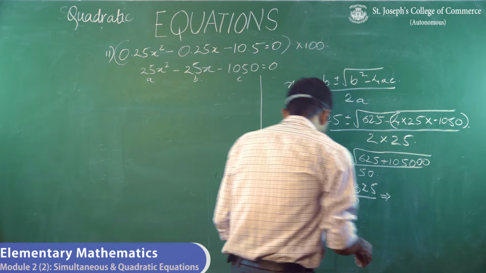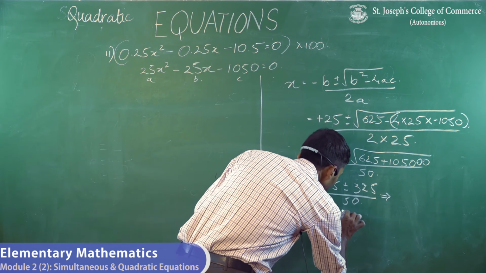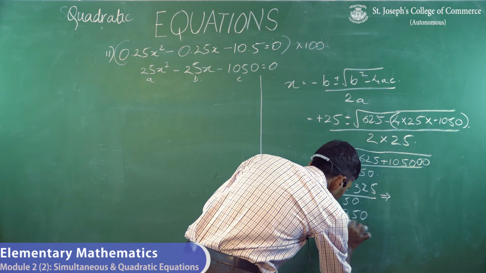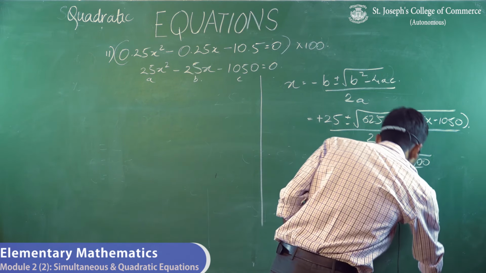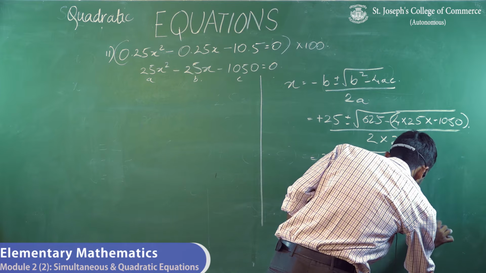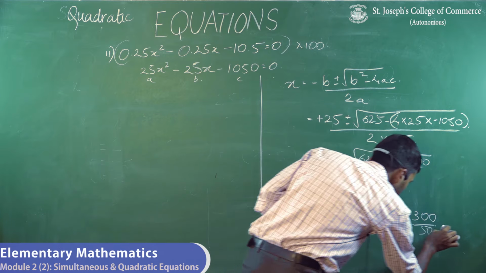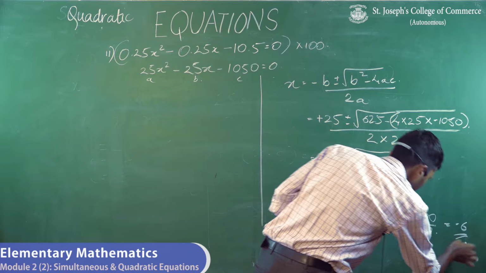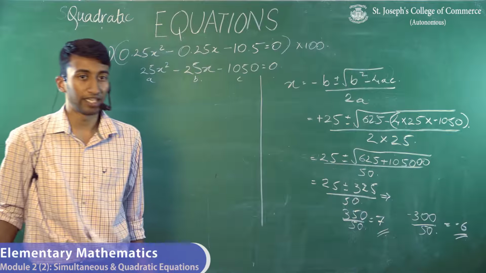That would be 350 by 50 and minus 300 by 50, which would be 7 and minus 6. So these are the two answers, 7 and minus 6.